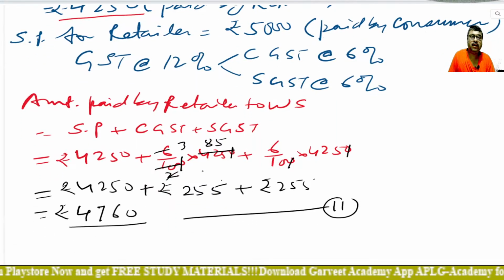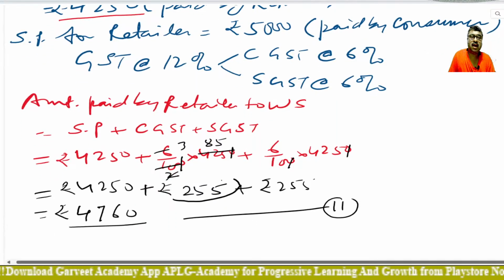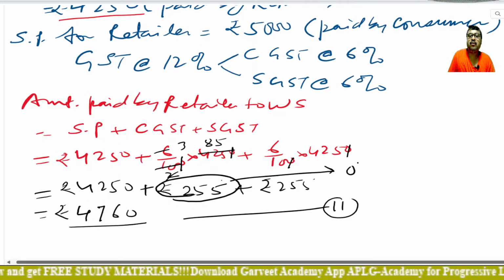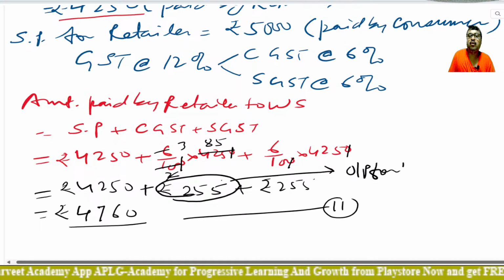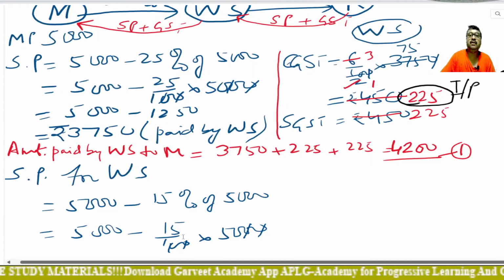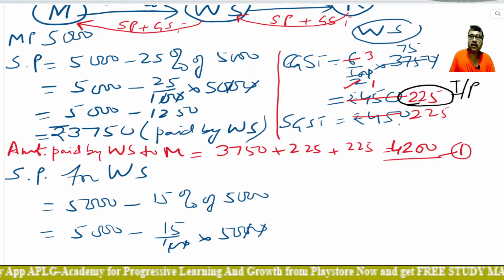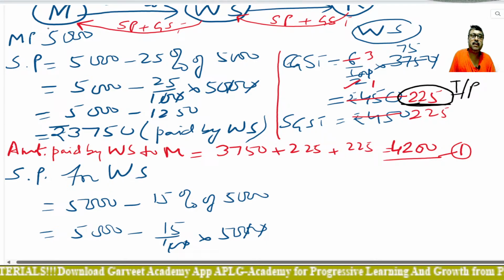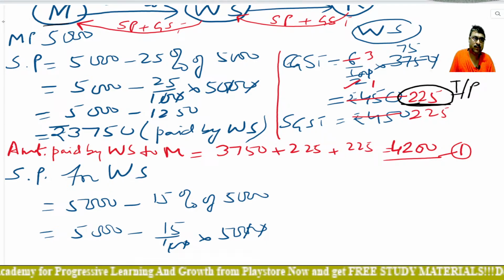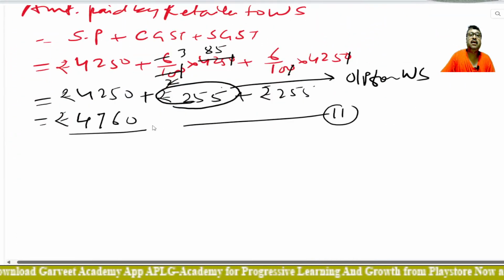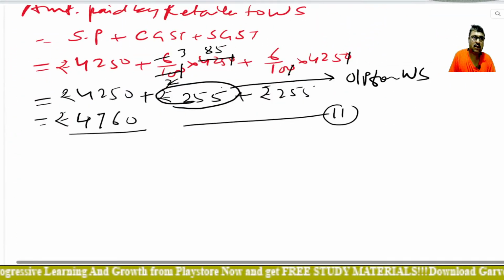So 255 is the output for the wholesaler. This amount 225 which he paid to the manufacturer will be paid by the manufacturer to the central government.